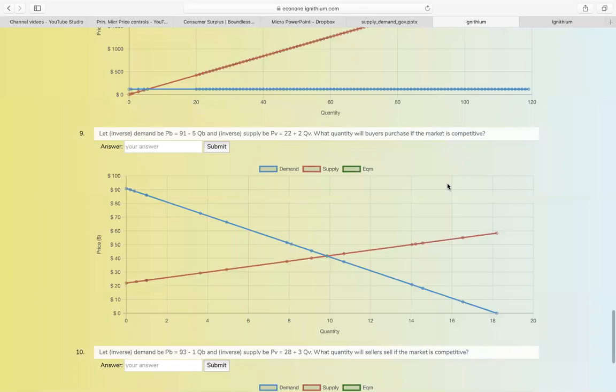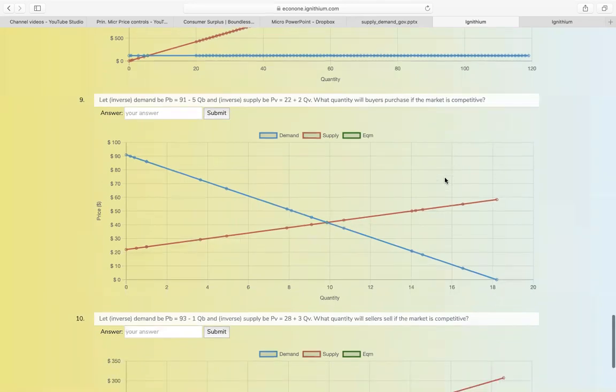Okay, I'll just say one thing about questions 9 and 10 before I let you go. Questions 9 and 10 are attempting to get students to make the connection between the idea of an equilibrium quantity and what is special about the equilibrium quantity.